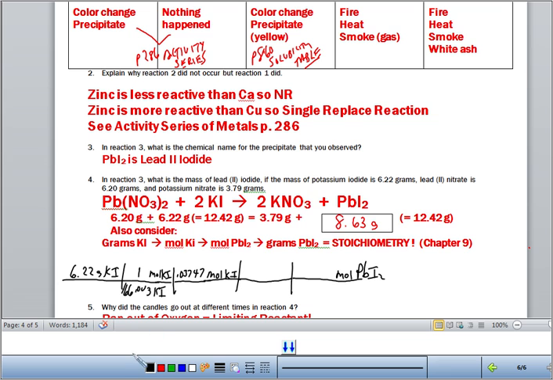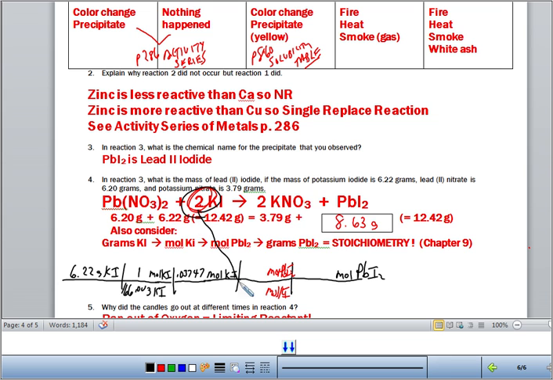How can we go from moles of one substance to moles of a different substance? We do that with the balanced chemical equation. This is moles of lead 2 iodide per moles of potassium iodide. Where do we get these figures? From the balanced chemical equation. I need a new color here. From the balanced chemical equation.